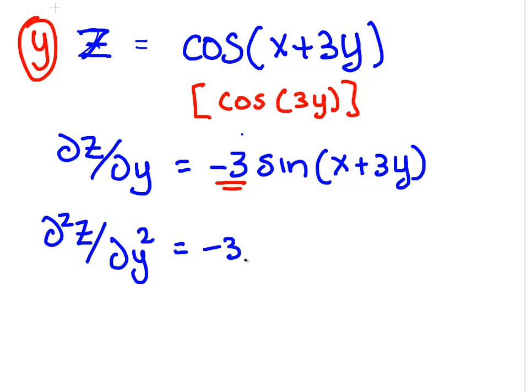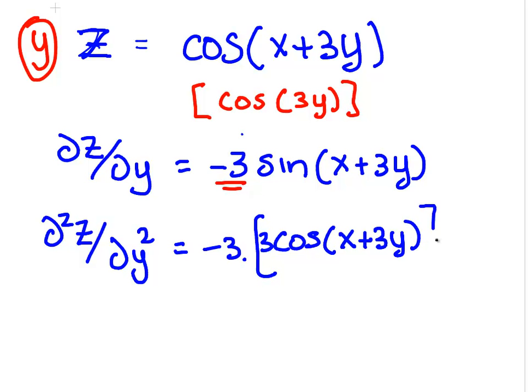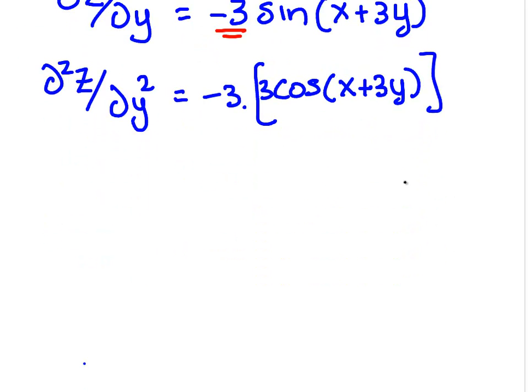So minus 3 times, and the derivative of sine of x plus 3y with respect to y is 3 times cos of x plus 3y. I keep forgetting those constants. So what we have there is minus 9 times cos of x plus 3y. That is the other side.